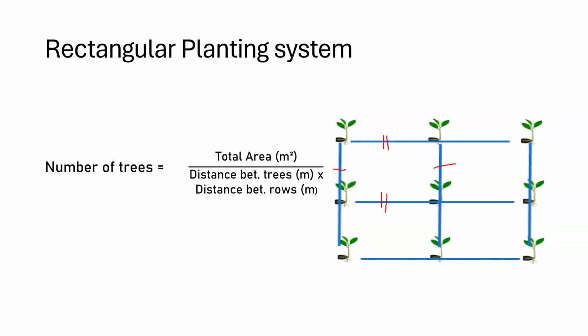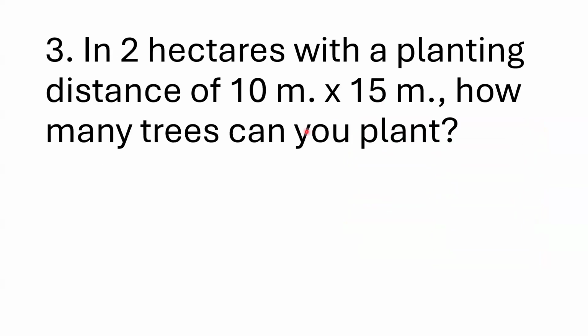Actually, it has the same formula from that of the square planting system. Number of trees equals total area in square meters divided by the distance between trees in meters multiplied by the distance between rows also in meters. Okay, now let's proceed to the problem number 3.